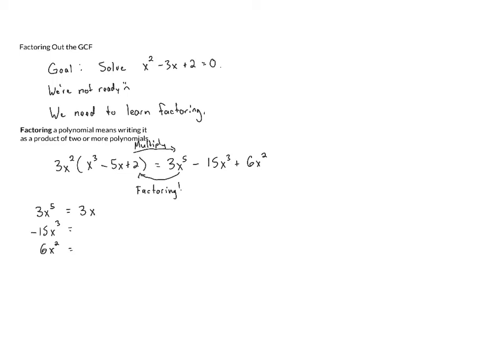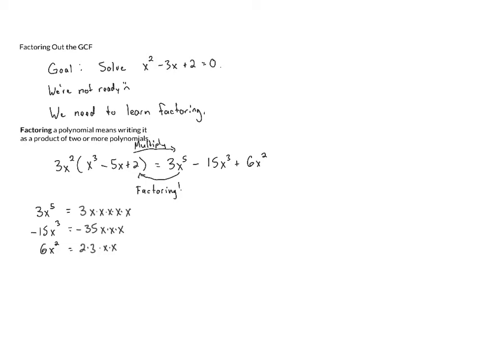And then x to the fifth is x times x times x times x times x. I'm going to expand that out. In the next one, we've got a negative out front. 15 is 3 times 5, and then x cubed is x times x times x. And then in that last term, 6 is 2 times 3, and x squared is x times x. So I've just factored each of these individual terms. I've expanded the x's, and I factored the coefficients.